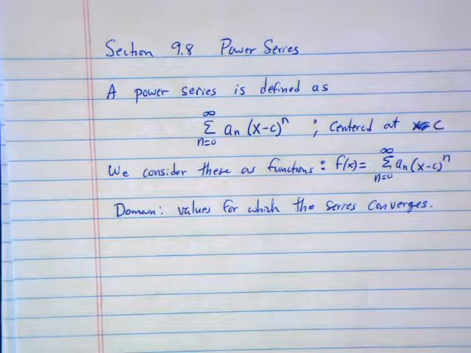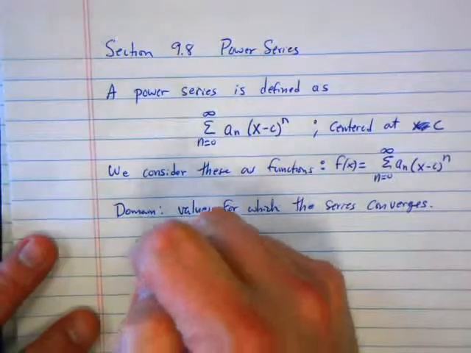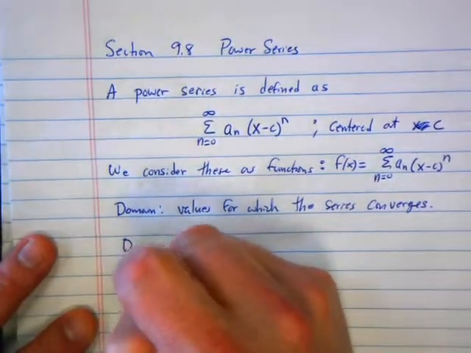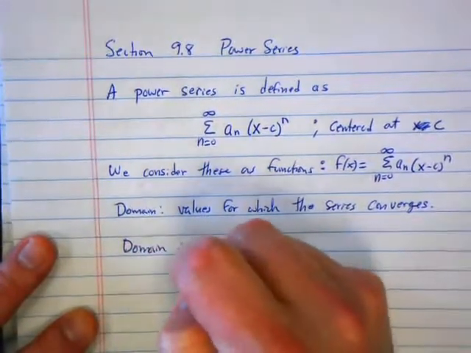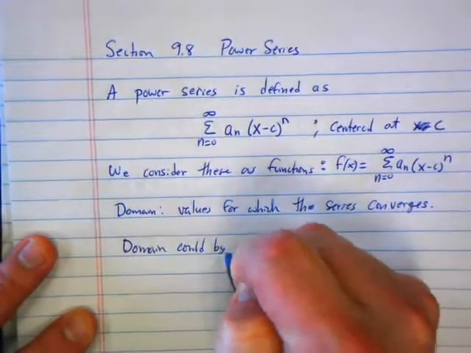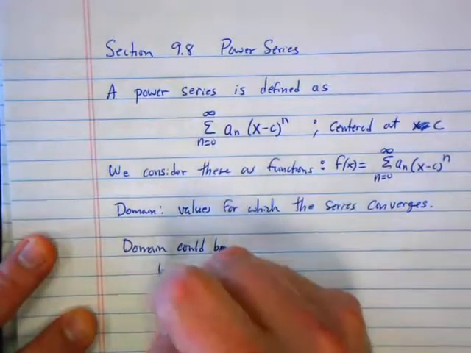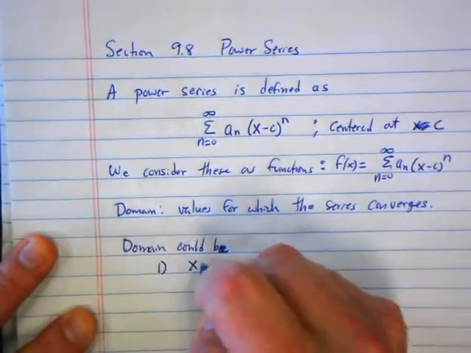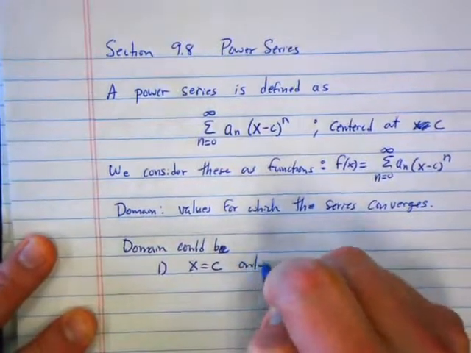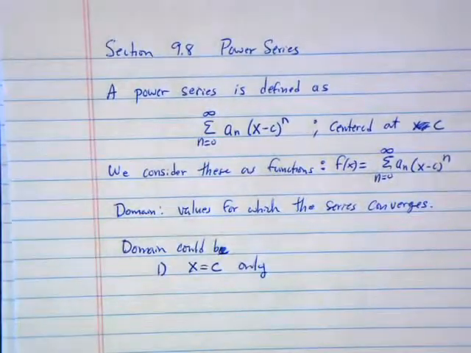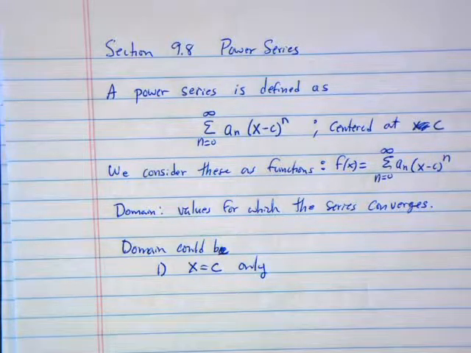When you have a power series, there are three options for the domain. Option number one, the domain could be only the number x equals c.